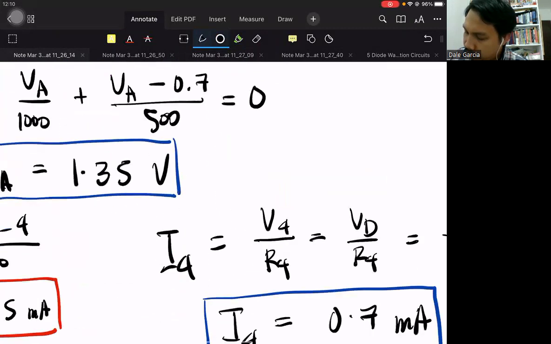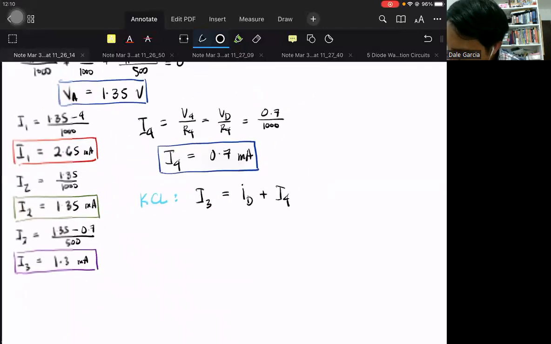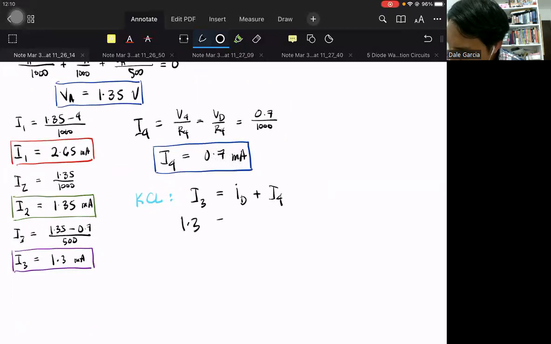So KCL is I3 equal to ID plus I4. So given naman ni nato, I3 is 1.3, I4 is 0.7. So 1.3 minus 0.7 is 0.6. Therefore, ID is 0.6 amperes.